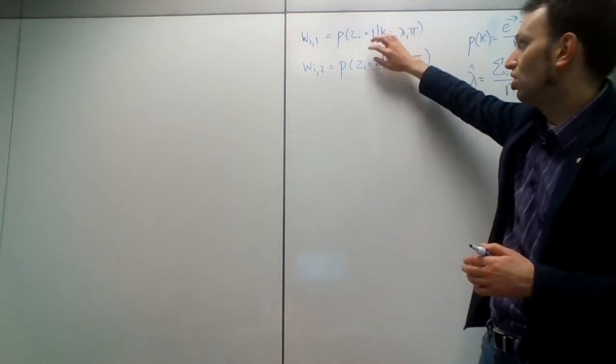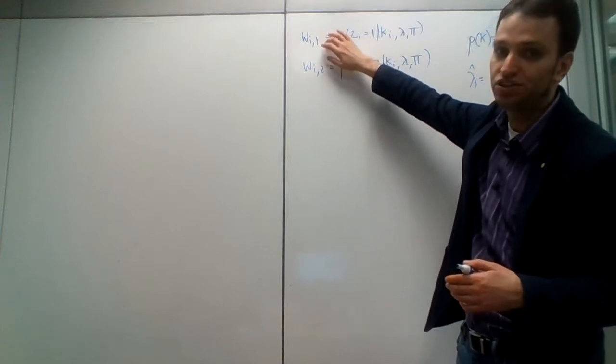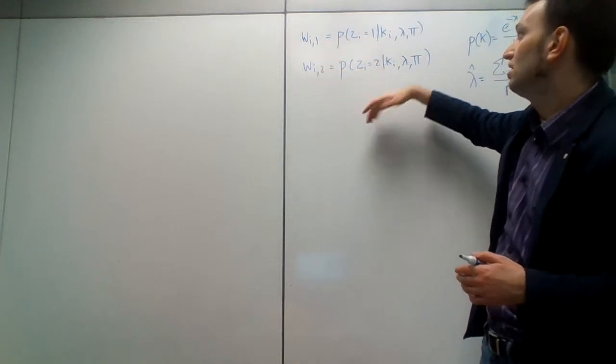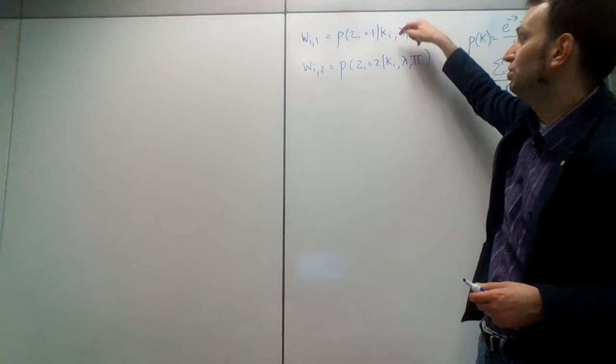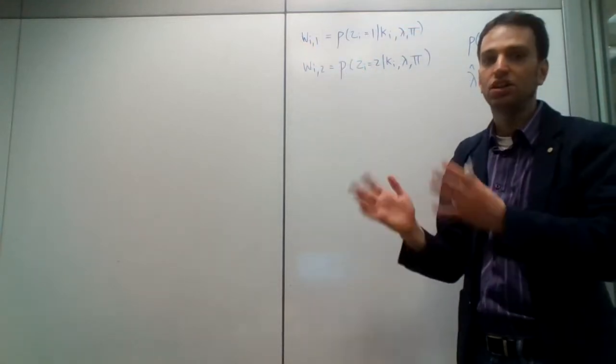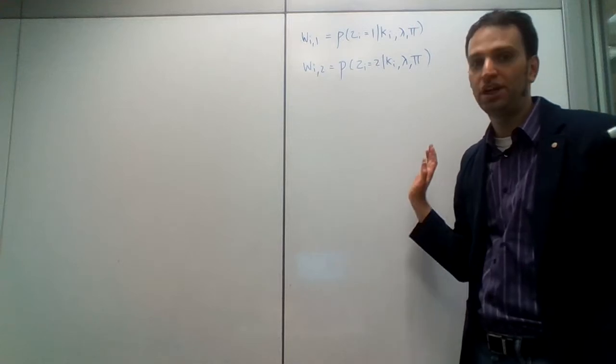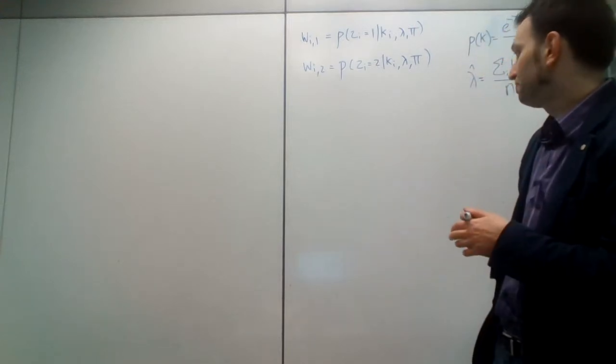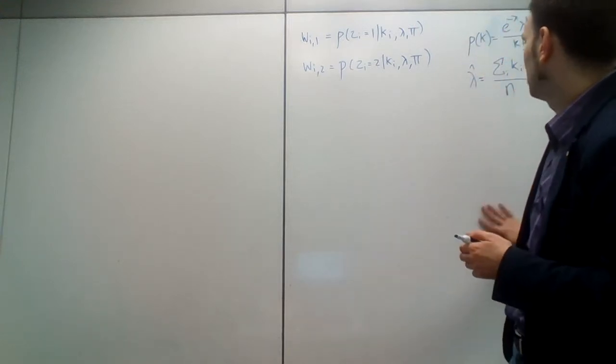If this was either 0 or 1, in order to get lambda 1, we could just average all the k's for which this is 1. But they're not exactly 1s, they're somewhere between 0 and 1. So how are we going to do it?